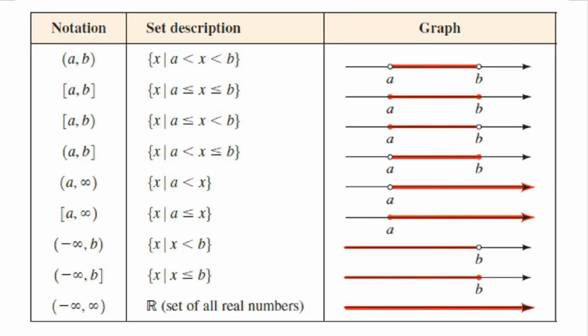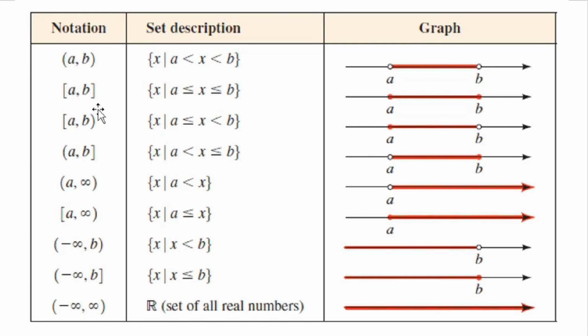Here we have the open interval (a, b). The set description is the set of x such that x is greater than a and x is less than b. In the graph, we use the open dot, or sometimes we call it an open circle.